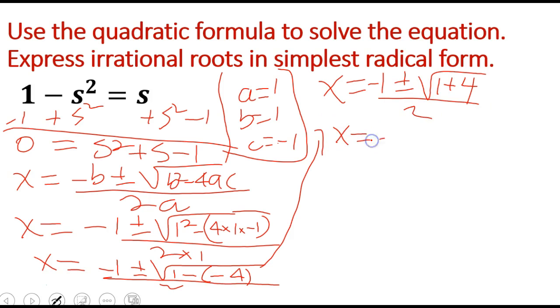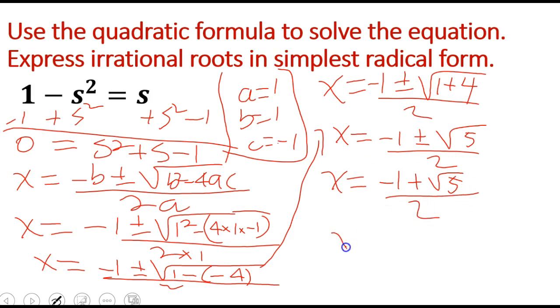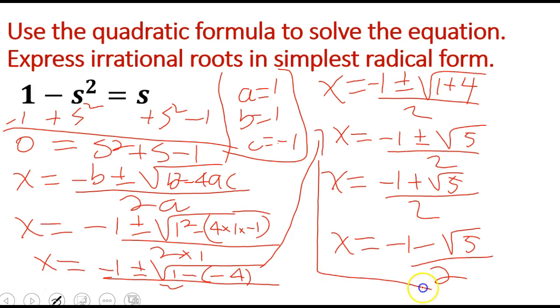So x equals negative 1 plus or minus square root of 1 plus 4, which is 5, over 2. So no perfect square goes into 5, so it's in simplest form now. So x equals negative 1 plus square root of 5 over 2, and x equals negative 1 minus square root of 5 over 2. Okay, that is that. Hope you get that.